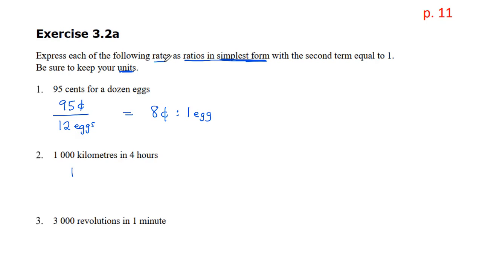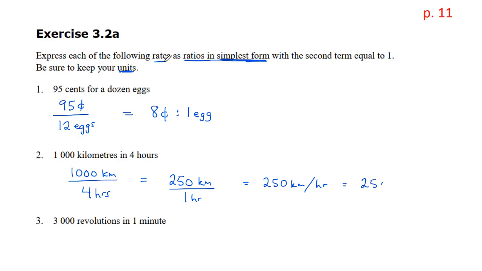For number 2, we have 1,000 kilometers in 4 hours. So we take 1,000 divided by 4, and that's going to be 250 kilometers in 1 hour. Or we can show this as 250 kilometers per hour. That's fine. That's very common for us, right?